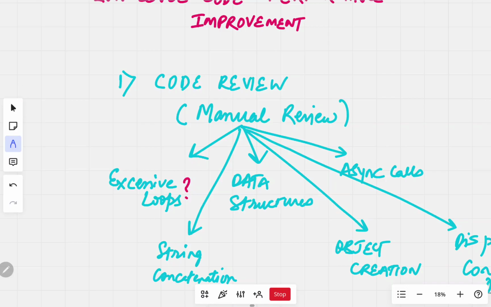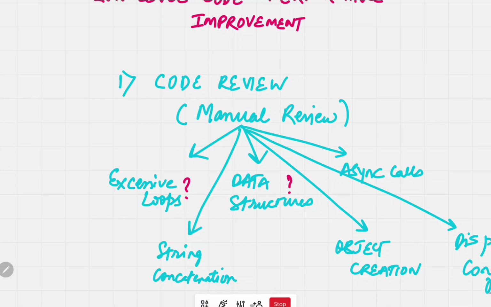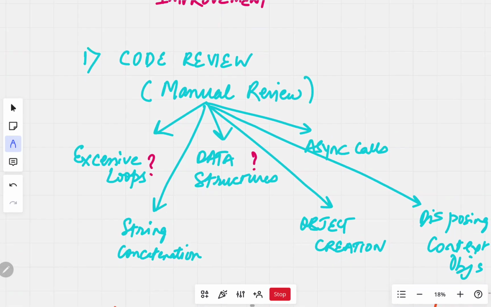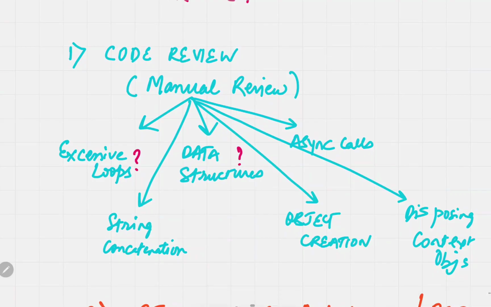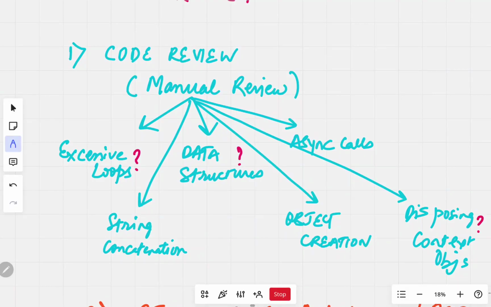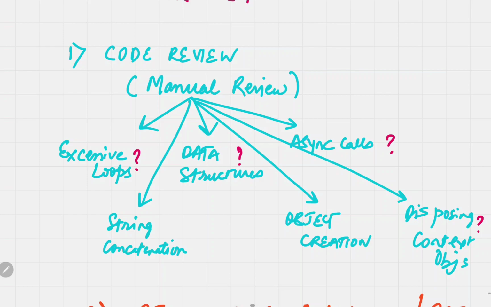Are you using the right data structures? Did it require async calls and you didn't provide it? How many objects are you creating? Are you disposing database connections or the contexts? Are you doing the string concatenations fairly?